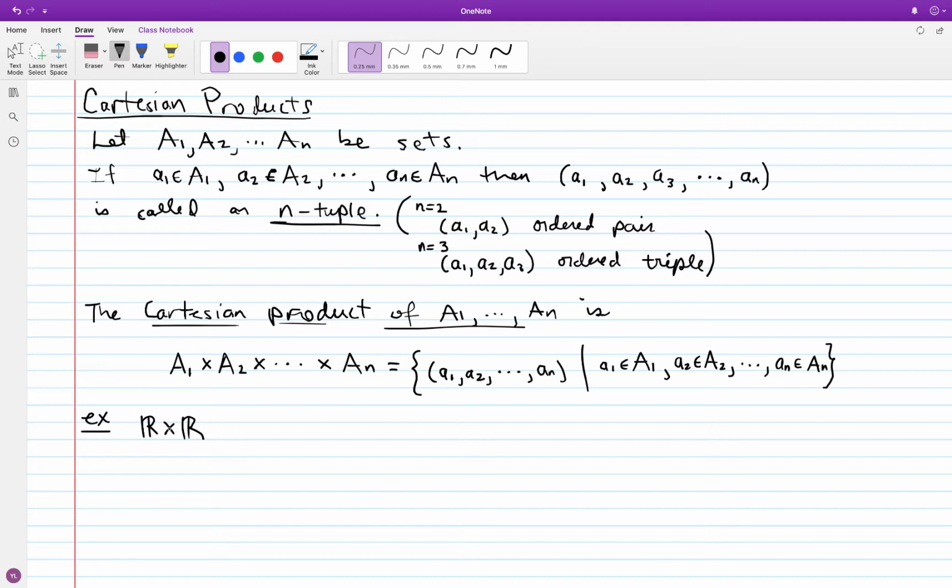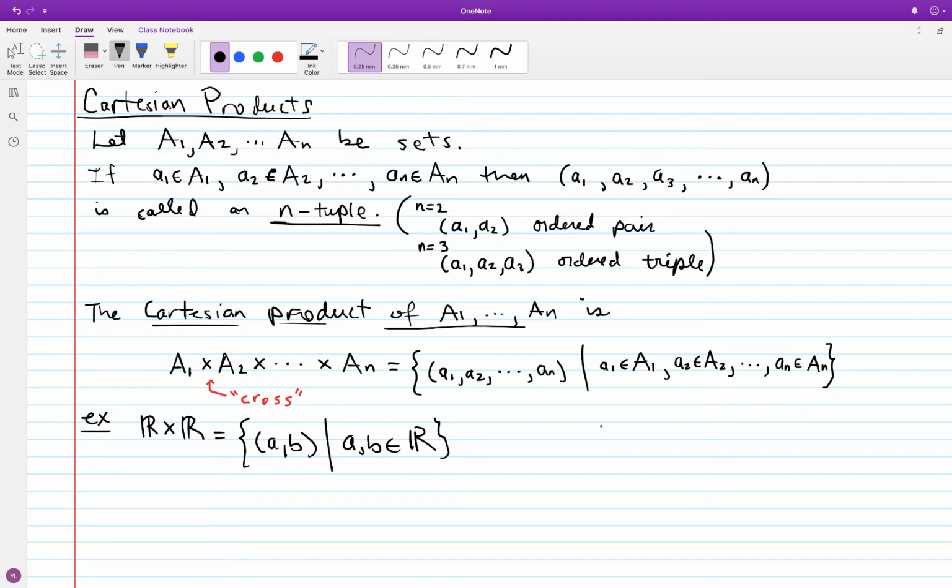So when I talk about R cross R, that's sometimes how it's read, cross. So what is this? This is the set of ordered pairs of real numbers, or 2-tuples of real numbers.